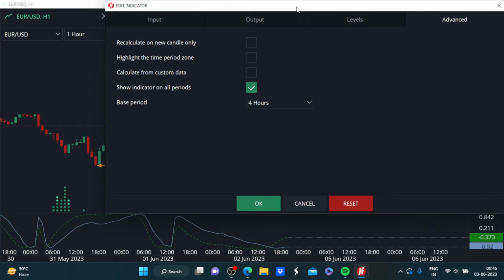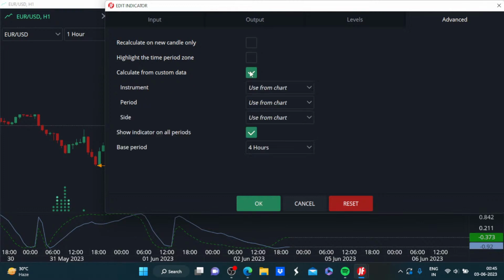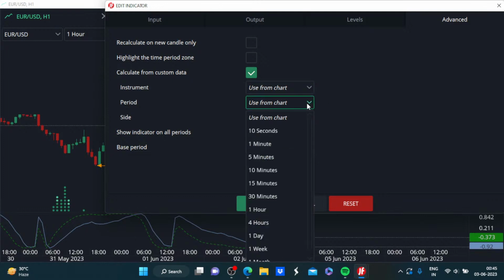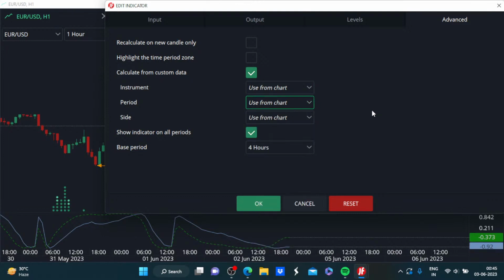You can further customize the calculation with the option of using the instrument from the chart, or you can even specify the instrument of your choice. Same thing applies for the candle period. You can use the candle period from the chart, or you can specify the candle period for the purpose of calculation of this indicator.